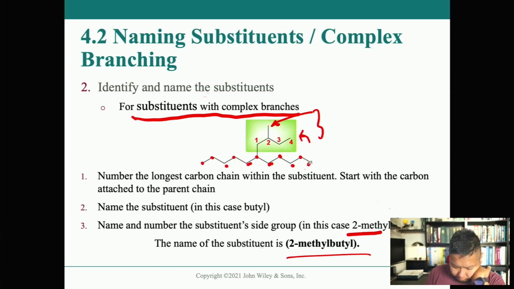So it would be carbon 1, 2, 3, 4, 5, 6. The name of this entire molecule would be 6-(2-methylbutyl), and I forgot what 11 was. Undecane.